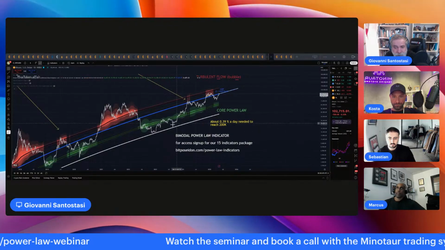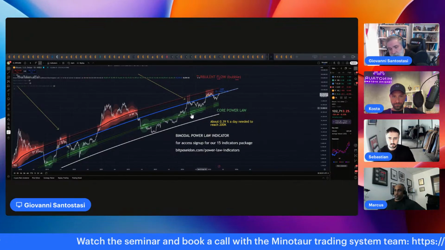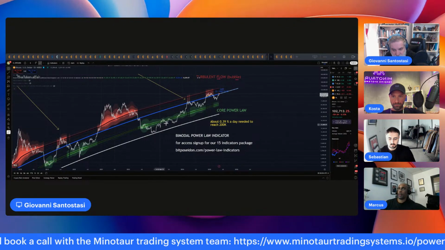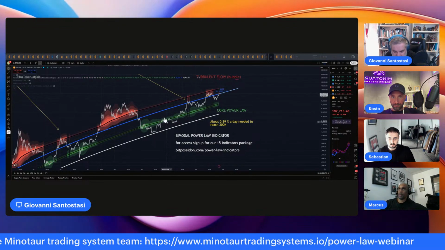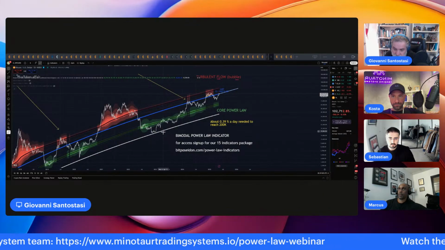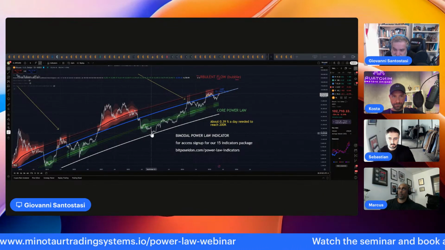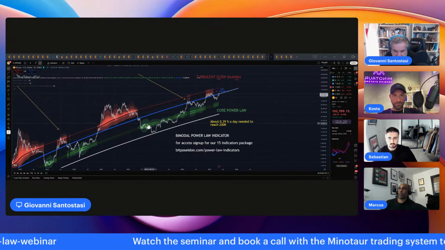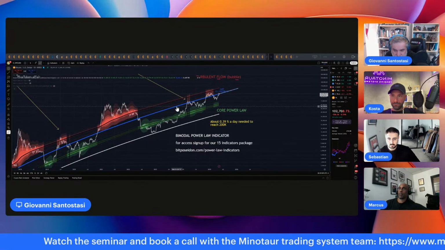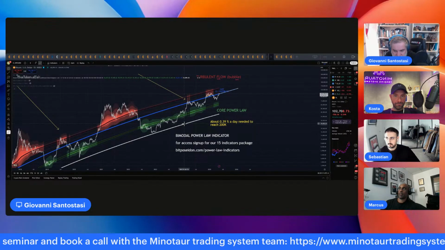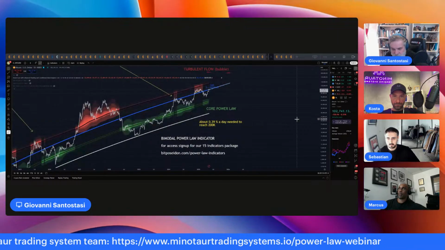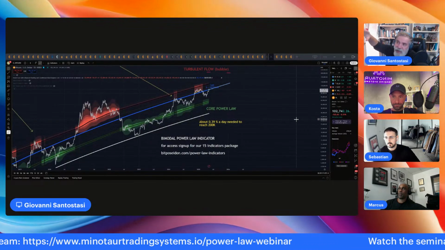But the main thing is that when the bull run starts, like I say, we spend 2 years at the core. And the core is not even the support. The support actually is kind of an extreme relative to where we spend most of the time. We spend most of the time in this region between the blue and the white line. So some people that don't understand the power law say, oh, it's so wide, it can be anywhere.